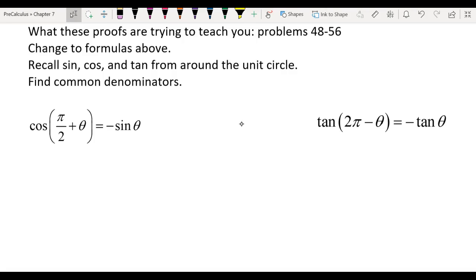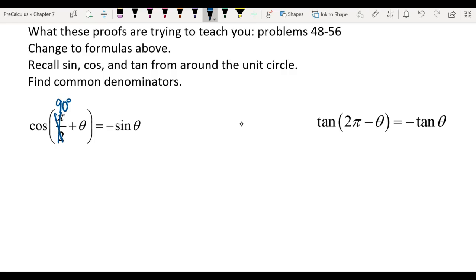Okay? Remember, you're switching your left-hand side. My alpha is going to be pi over 2. My beta is going to be theta. You can switch it to 90. Let's do 90. I'm good with that. So we're going to switch it to 90, I guess. Okay?